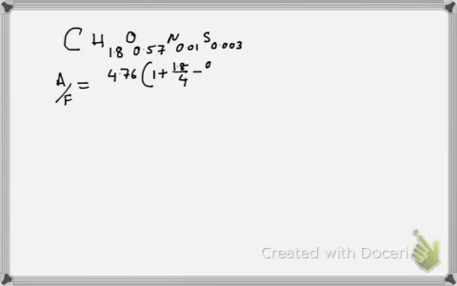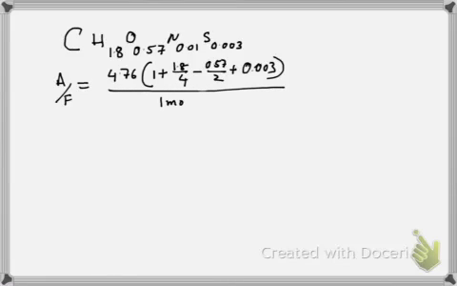There is built-in oxygen, so we subtract that. And then we add whatever is required for sulfur, 0.003. This many moles of air are required for 1 mole of fuel, biomass.